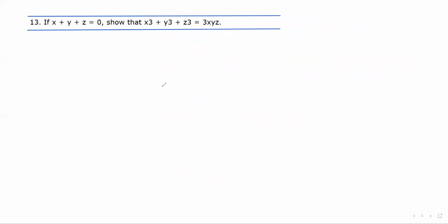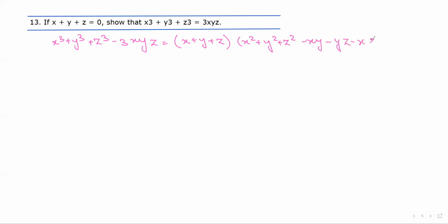Next, 13th. If x plus y plus z is equals to 0, show that this value. Now here also we'll use that big formula that we did in two of the previous questions. X cube plus y cube plus z cube minus 3xyz is equals to first bracket x plus y plus z, second bracket x square plus y square plus z square minus xy minus yz minus xz. So it's given that this value is equals to 0.